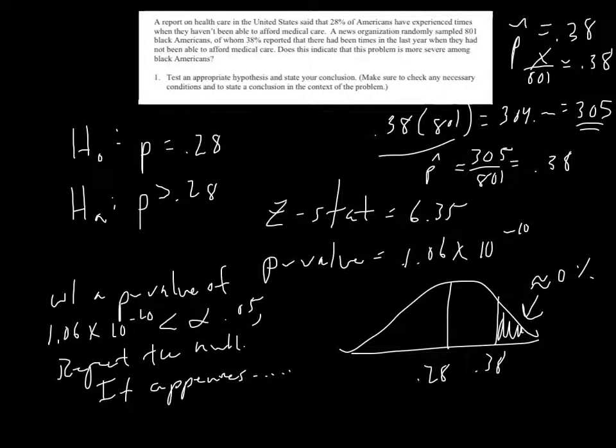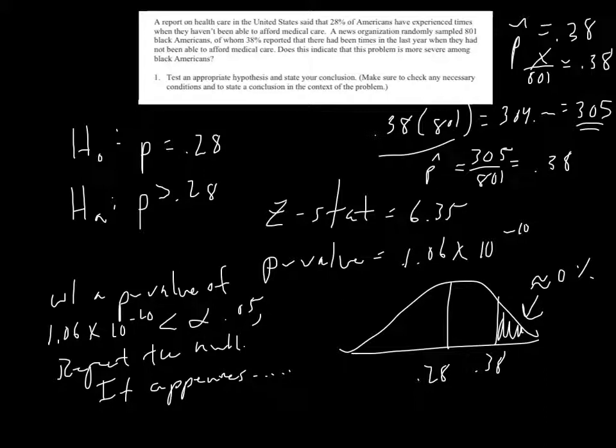I don't want to say 0, but just for space concerns here, that we should almost never see, if it was true that black Americans had the same likelihood of having trouble paying for healthcare as all Americans in general, then we should almost never see the sample that we saw. But we did. And our assumptions and conditions state that we have a pretty reasonable representative sample.